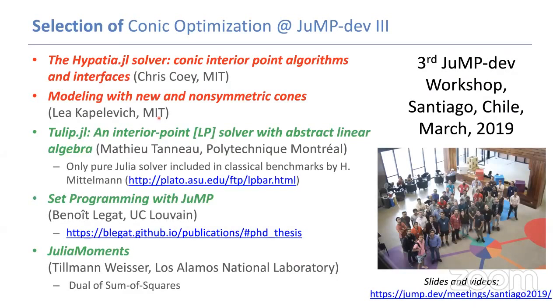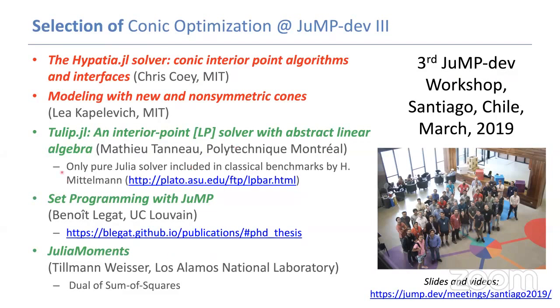Some of the first presentations on this happened at the third JuMP-dev workshop, which happened in Santiago last March. At this stage, conic was very centered on what was being done in the JuMP world. There were these two talks directly related to Hypatia, and I also want to mention a few more.